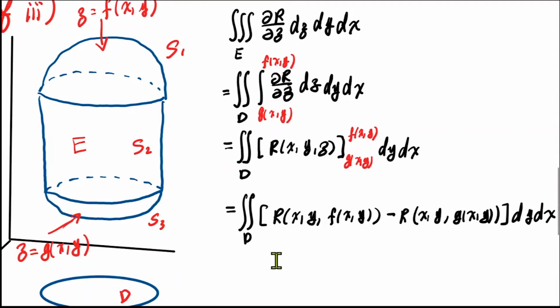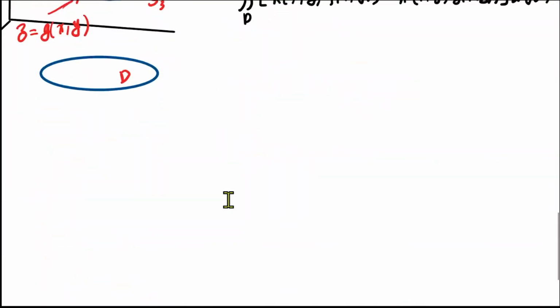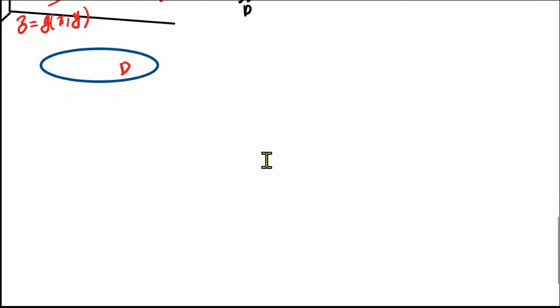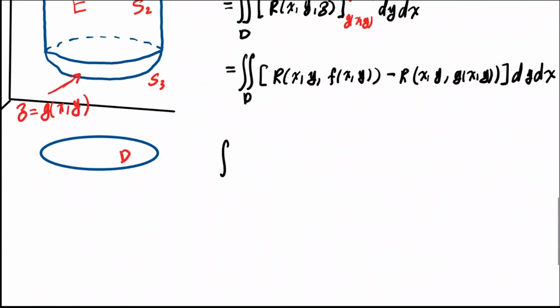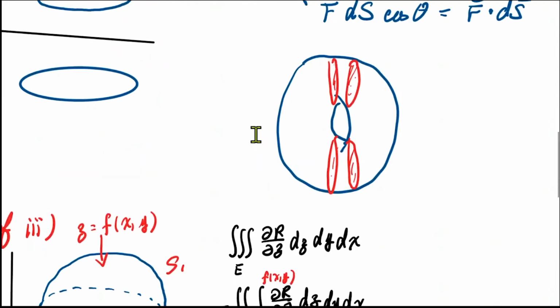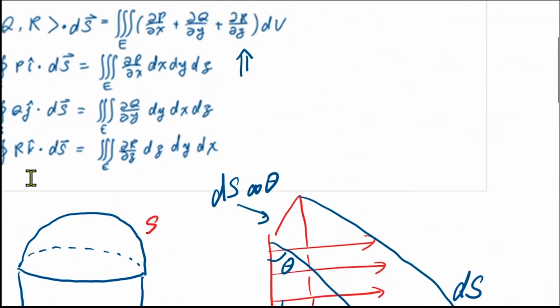Okay, now we're going to work on the other side. The other side is our double integral over our enclosed surface S, and then we have F dot dS.